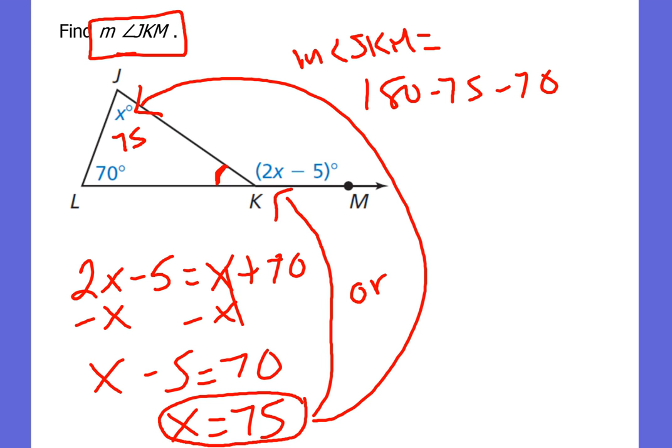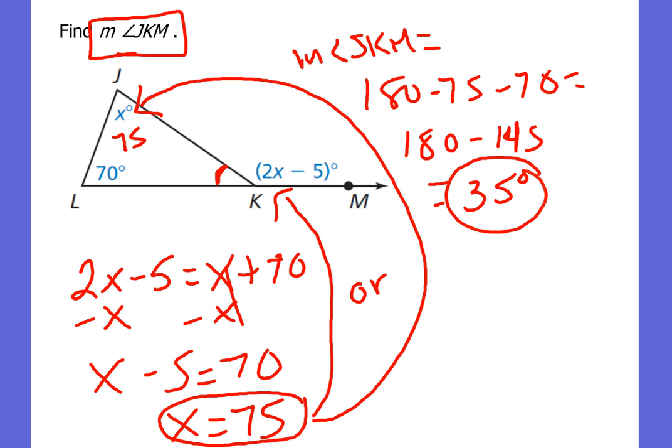So it's really 180 minus 145. 180 minus 140 is 40, and 5 more, of course, gives us 35 degrees. So there is the use of our triangle sum theorem and a little bit of our exterior angles theorem as well.